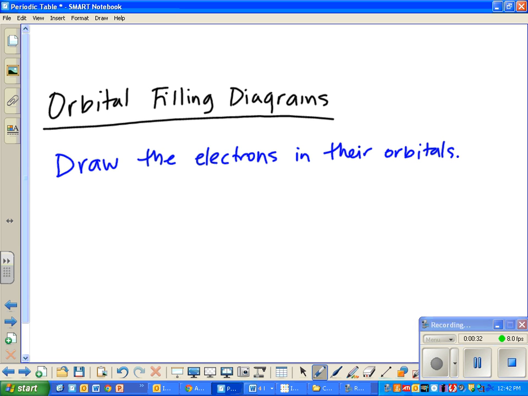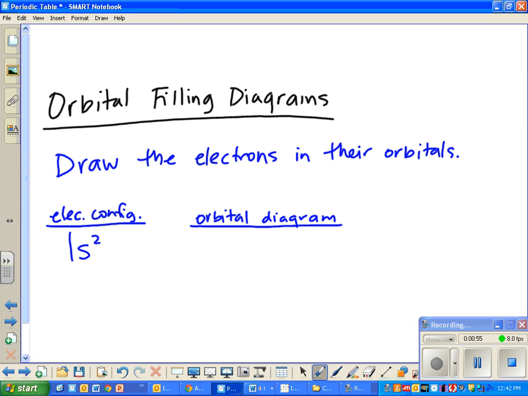So, for instance, if the electron configuration had a 1s2 in it, the orbital filling diagram would show one circle because it's in 1s, there's only one orbital in an s sublevel, and the two electrons will be shown by lines in opposite directions.